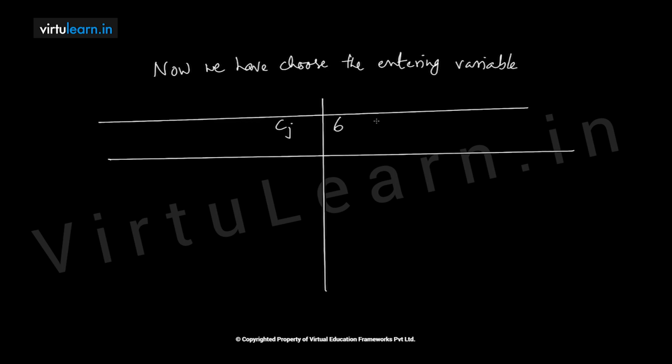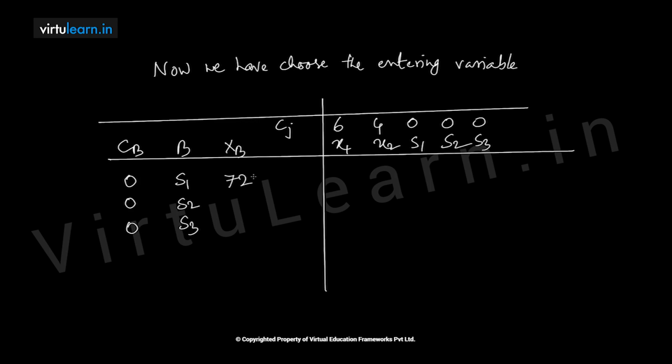values 6, 4, 0, 0, 0. x1 is 6, x2 gives us 4 rupees, s1 0, s2 0, s3 0. So CB, cost benefit, we will take as usual the variables s1, s2, s3, and the available materials or resources or constraints are given here.